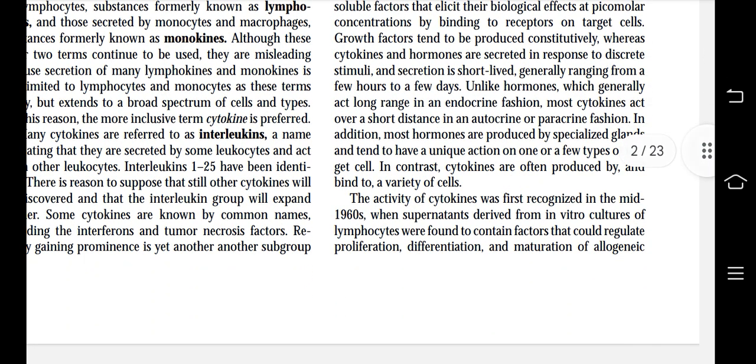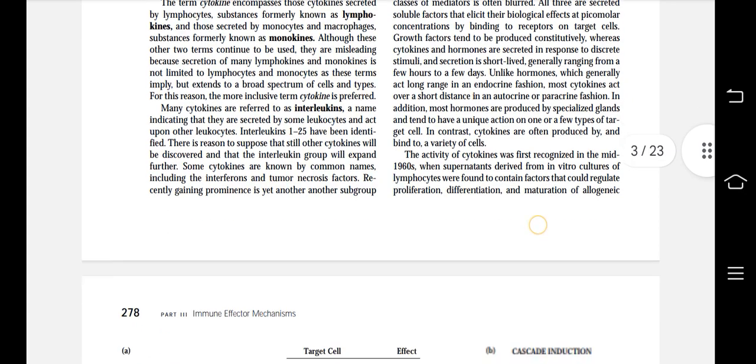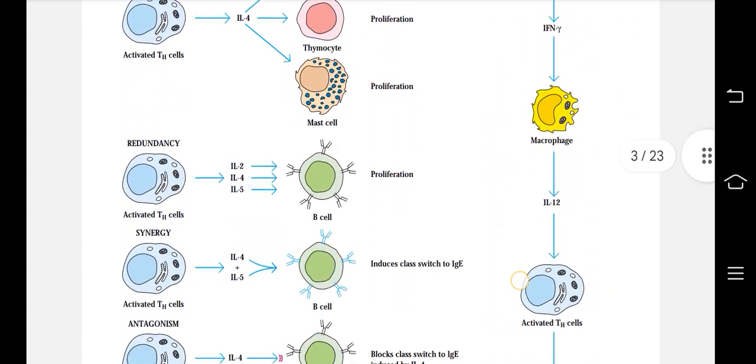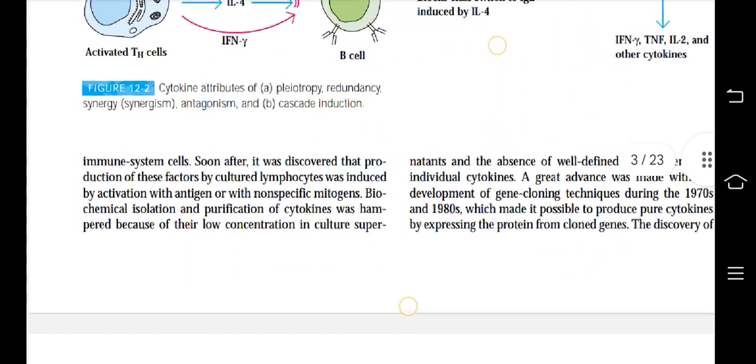The activity of cytokines was first recognized in the mid 1960s when supernatants derived from in vitro cultures of lymphocytes were found to contain factors that could regulate proliferation, differentiation, and maturation of allogeneic immune system cells.